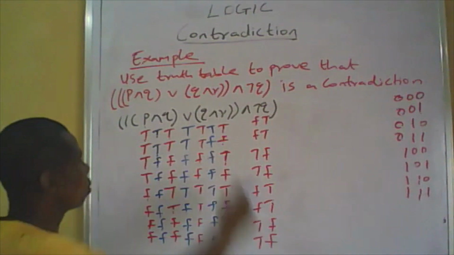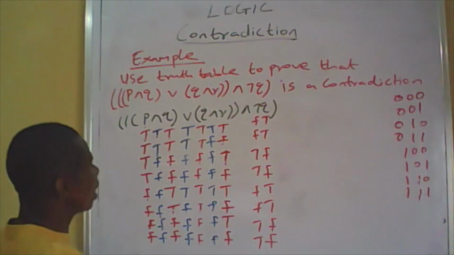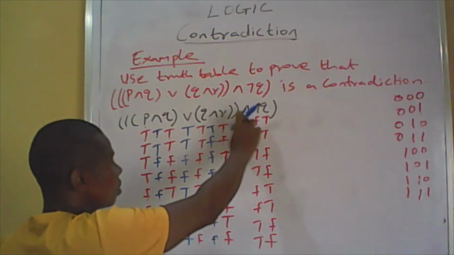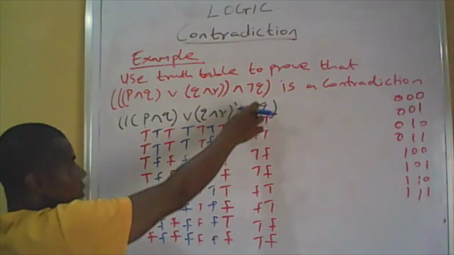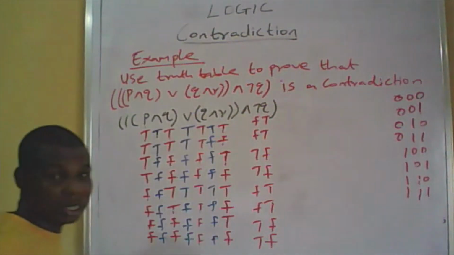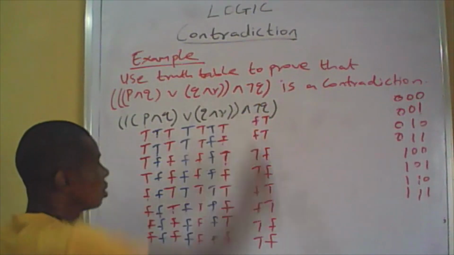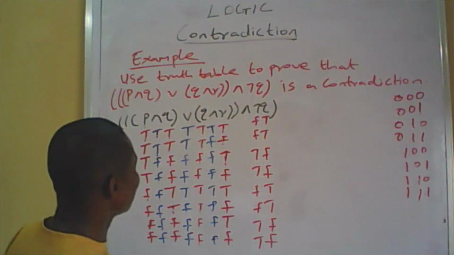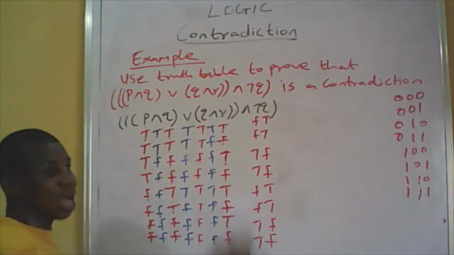Let us go to the main connective. Here, this connective combines this statement and this statement. So we are looking under the main connective now, to evaluate this and statement. You are going to have true whenever the conjuncts are true.